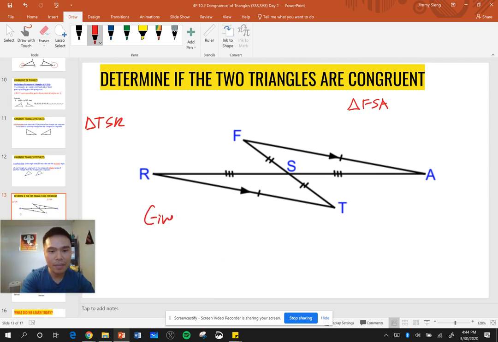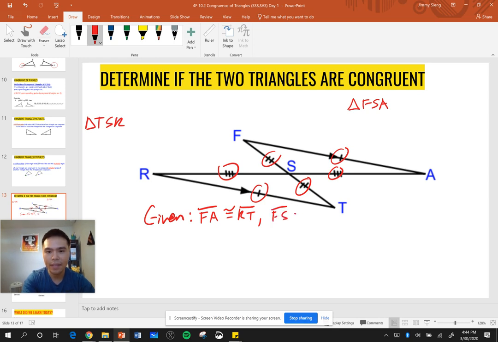What's given is that I can see I have these sides, and those sides are equal to each other. Because all those sides are congruent to each other, I can say that by side, side, side, triangle FSA is congruent to TSR. Let me write these all out for you. I'm front loading it, then putting the pieces together. Line FA is congruent to RT.